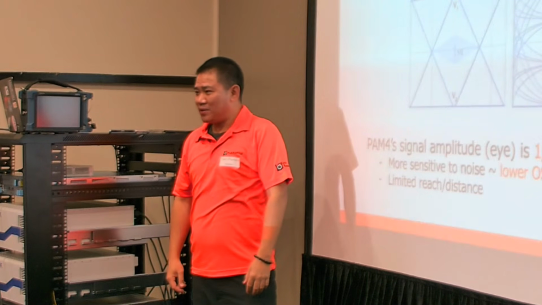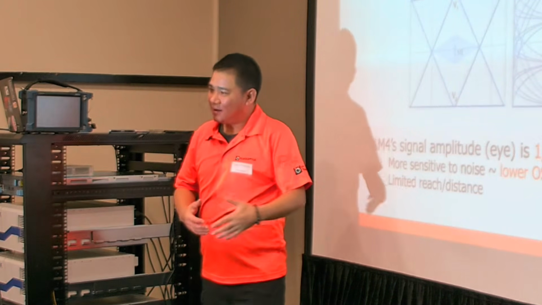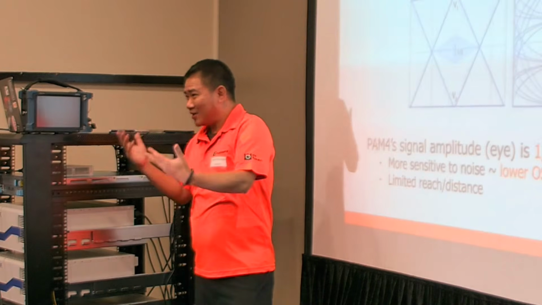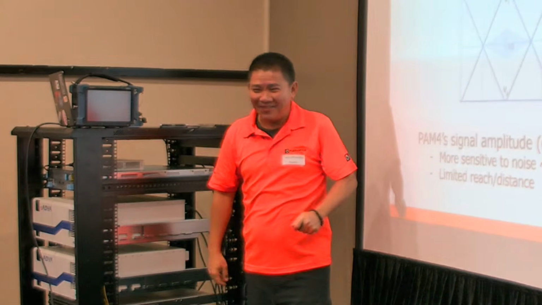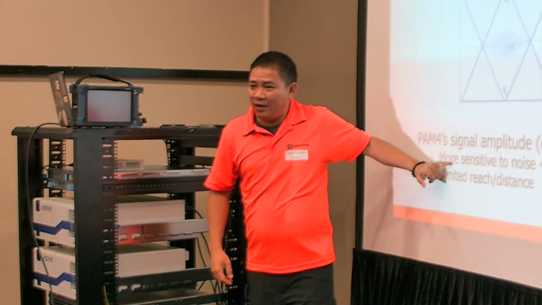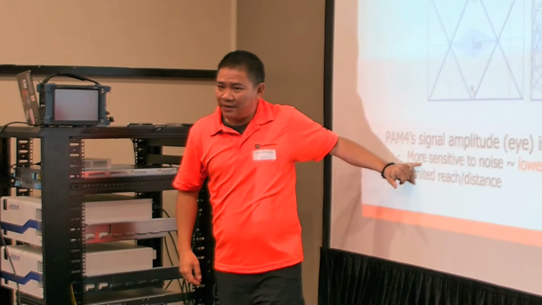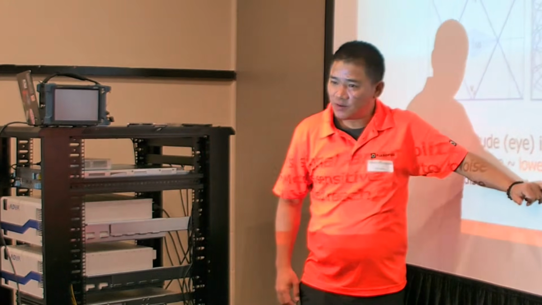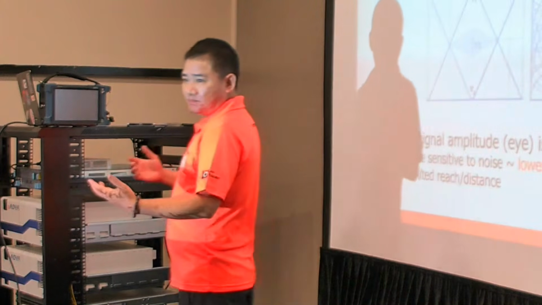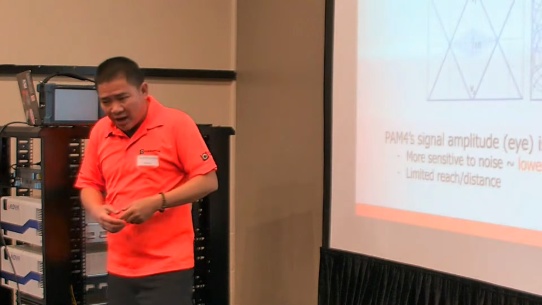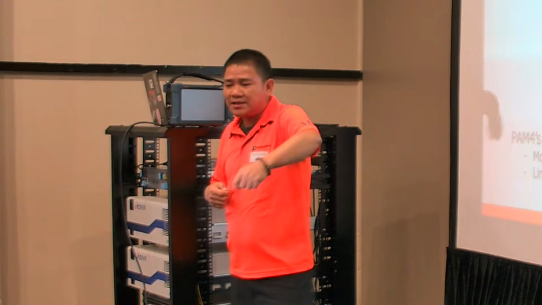More sensitive to noise may result in a tougher OSNR requirement or not. Again, I've not covered that part. I'll cover it in a while. Less noise tolerance, bad OSNR tolerance, which then translates again to errors. So that's why you really can't go crazy distance with PAM4.